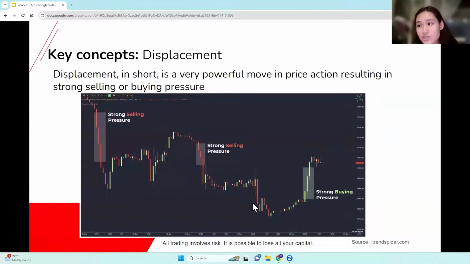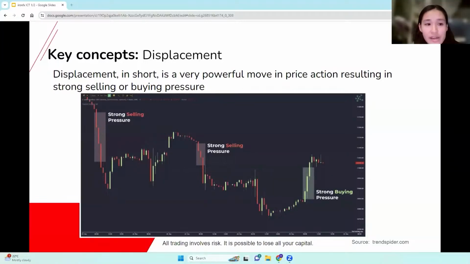You can see price has recently broken out of that level. If you can imagine this horizontal line just over here, it has broken out of it and is reversing off it now, and that is what is resulting in strong buying pressure. So that's basically what it means when a liquidity level has been breached.